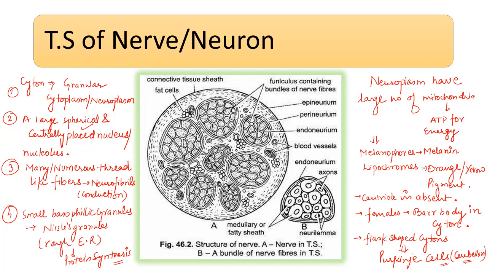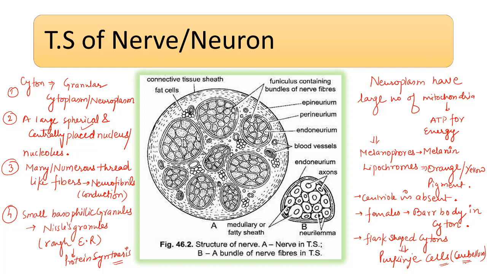It has a granular cytoplasm, which is known as what? Neuroplasm. It has a large, spherical and centrally placed nucleolus. It has many thread-like fibers, which are known as what? The neurofibrils, which help in the conduction. It has small basophilic granules, which are known as what?